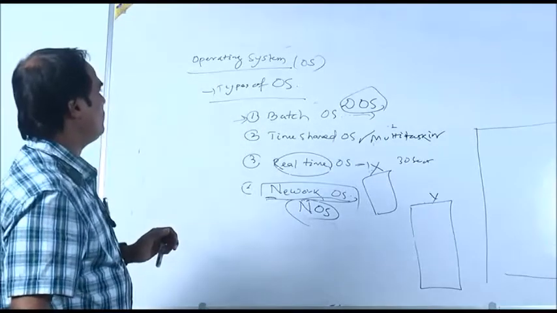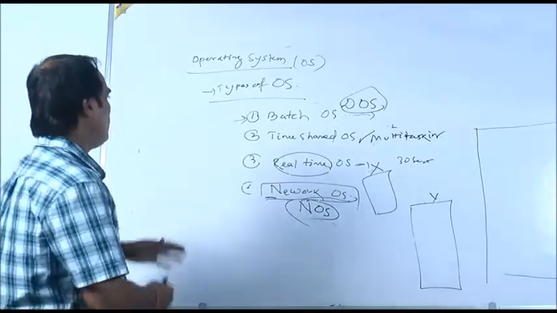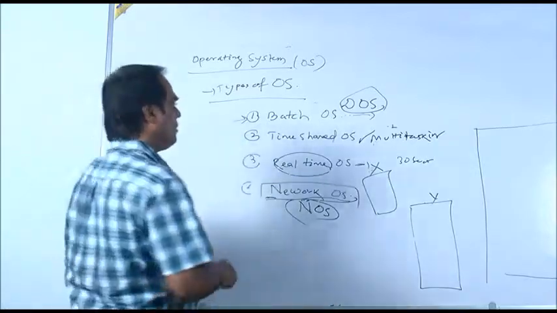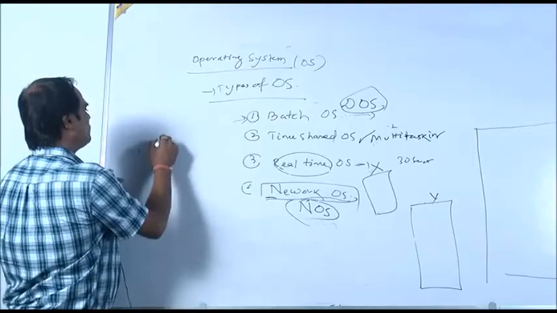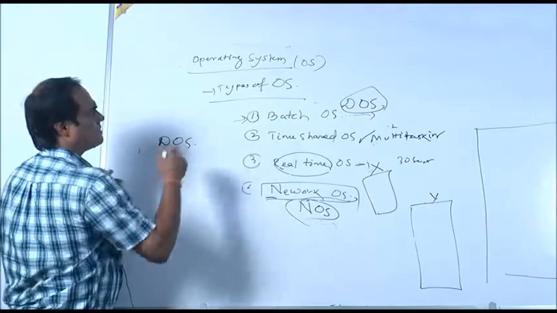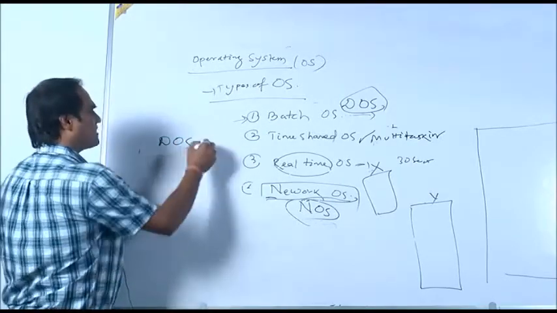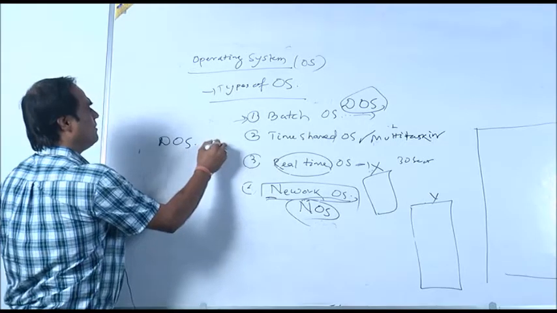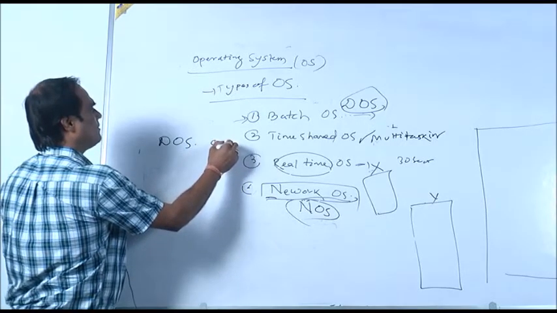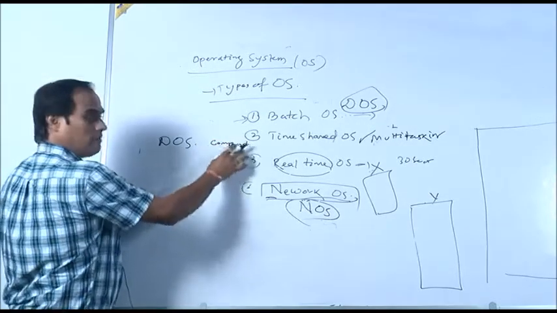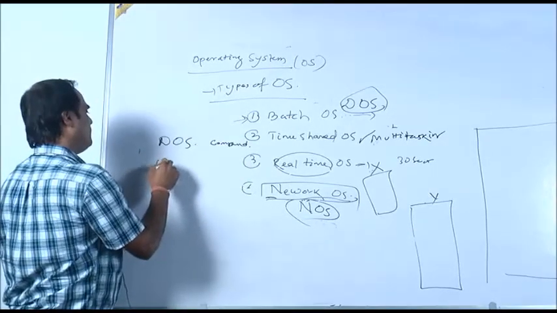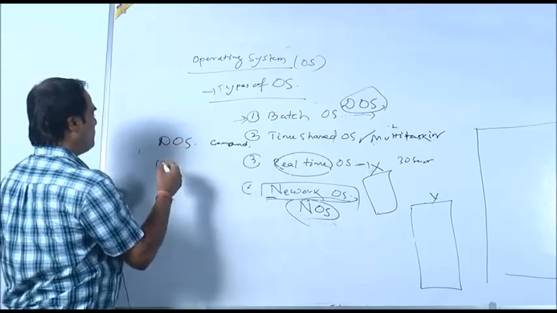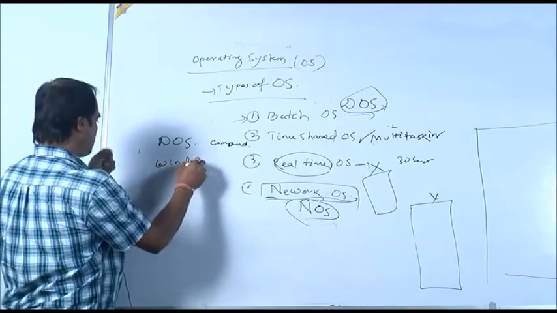So, this is all about the operating system. I am just giving you some examples of operating systems. DOS was the initial text command based operating system, or batch operating system. Then gradually, by adding some features, we came to the Windows operating system.